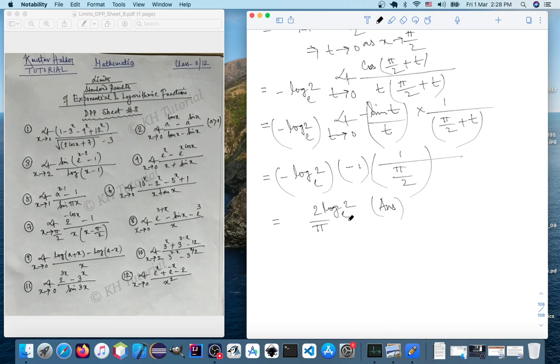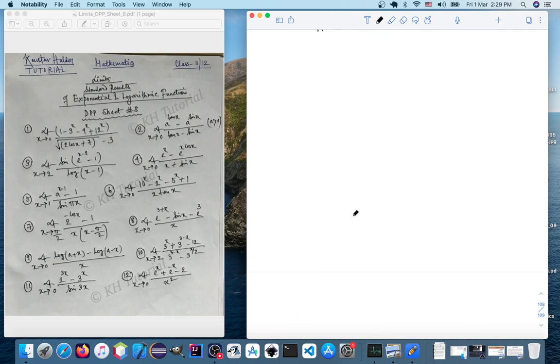Okay, so let's see the next problem. It says limit x tending to 0 of (e to the power 3 plus x minus sin x minus e to the power 3) by x.